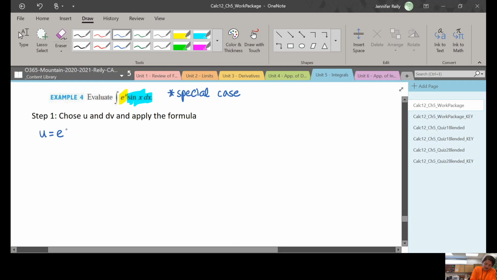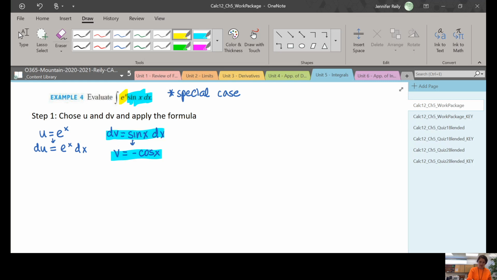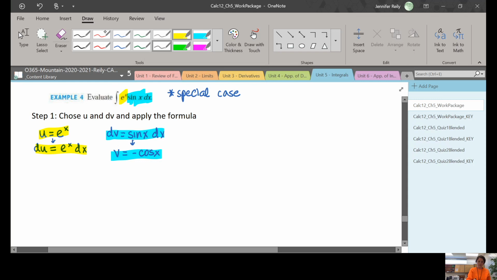So u is e to the x, so du would be e to the x dx. dv is going to be sine x dx. The antiderivative of sine x is negative cos x. Okay, so that's my dv, that's my v. Here's my u, here's my du.